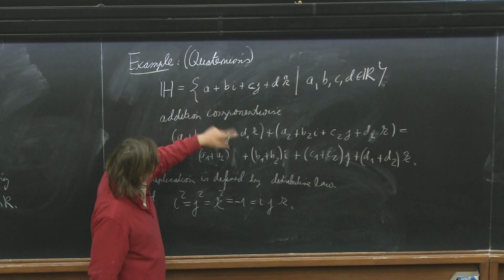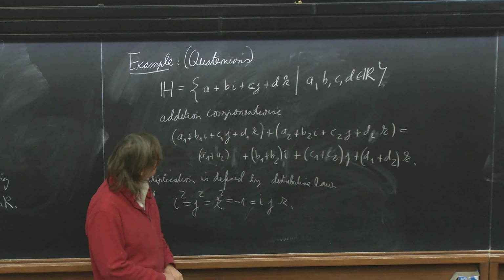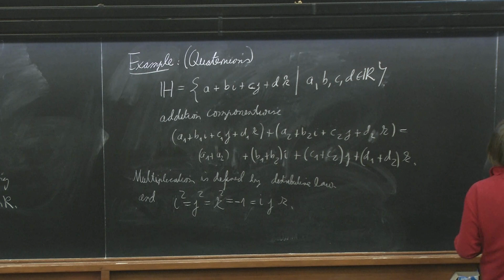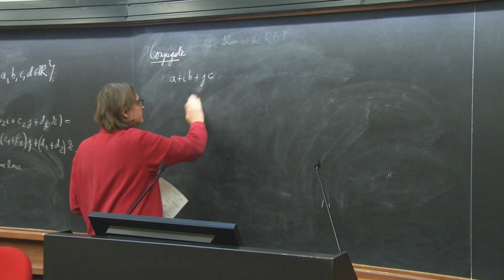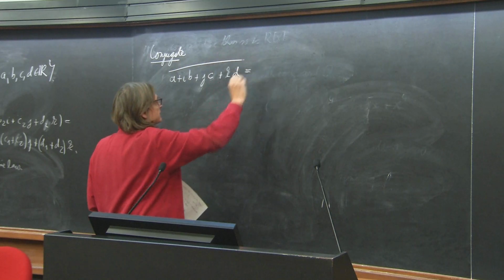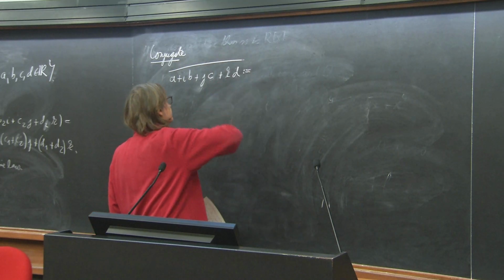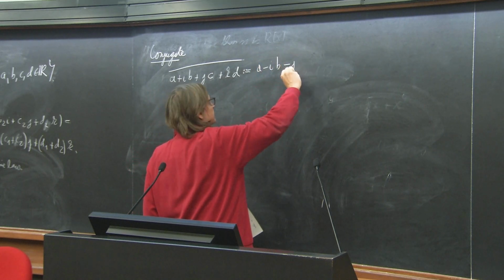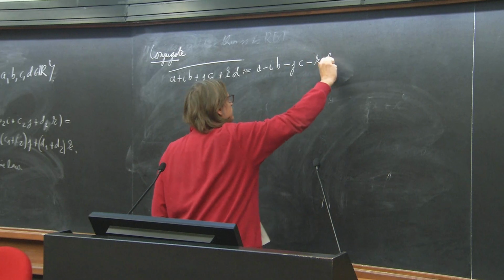And if you multiply an element by its conjugate, you get something real. So we have the conjugate of a plus ib plus jc plus kd, which is defined to be a minus ib minus jc minus kd.